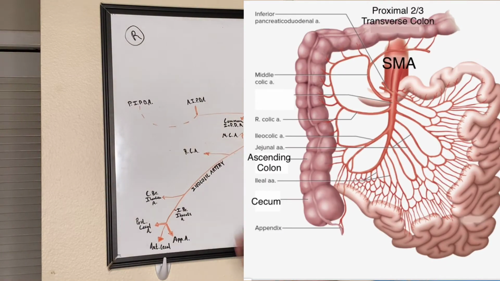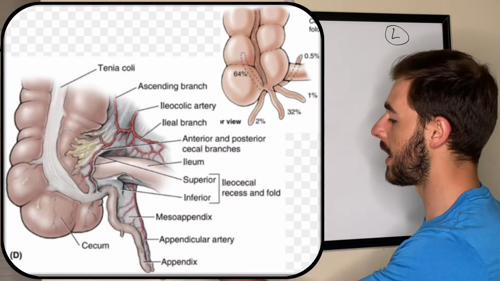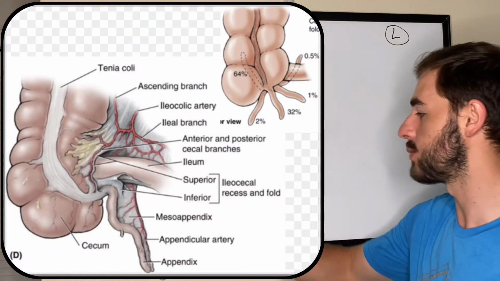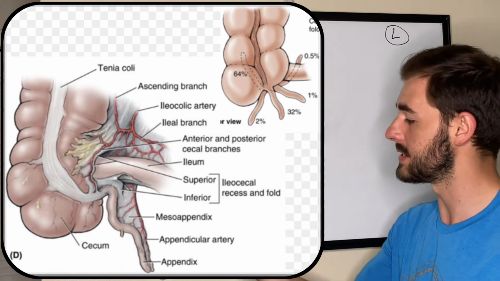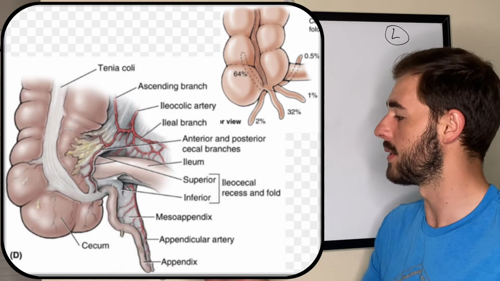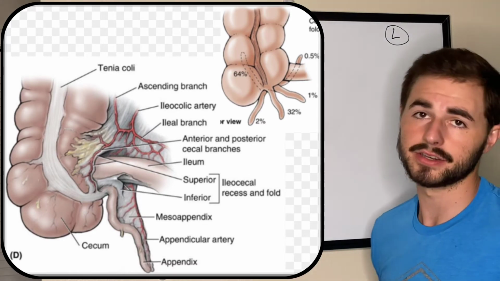And then you know that the iliocolic is also going to supply the colon, but more specifically, the lower end of it. So what's on the lower end of the colon? If you look at this diagram here, you see that you have part of the appendix sticking out the bottom. And that's why you have the appendicular artery that supplies that. You have the bottom of the cecum, which has an anterior part and a posterior part, the anterior and posterior cecal arteries.